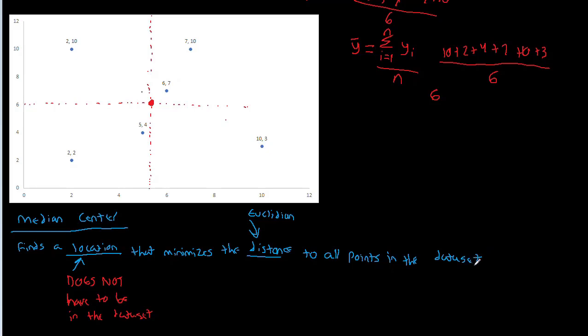And so typically, the way that the median center works in order to find a location that minimizes the Euclidean distance to all points in the data set is that it will start with an initial guess. Typically this starts off with the mean, and then it will calculate the distance between the point that it guessed and all points in the data set.